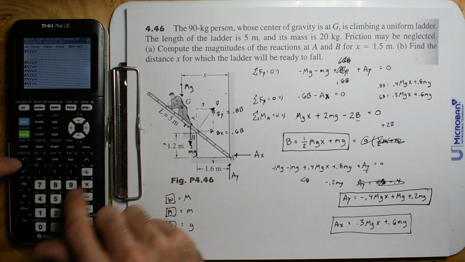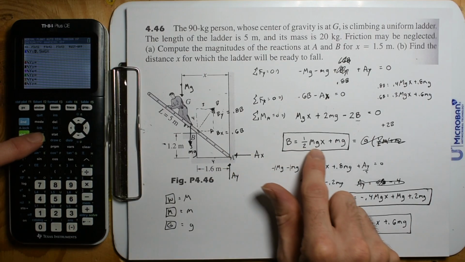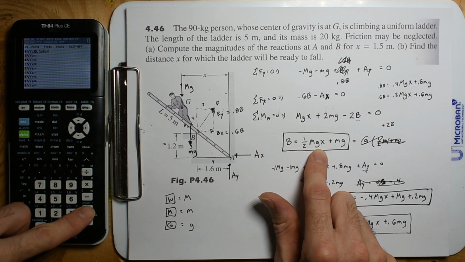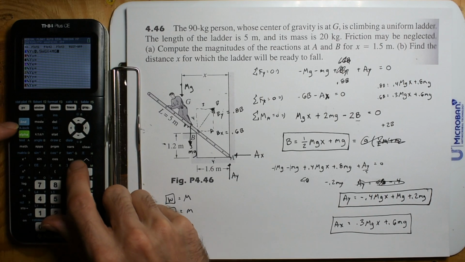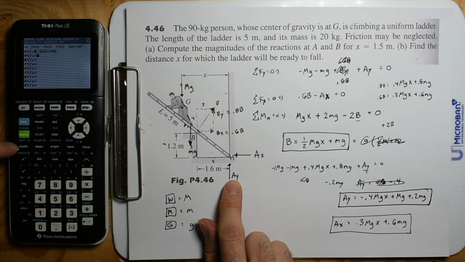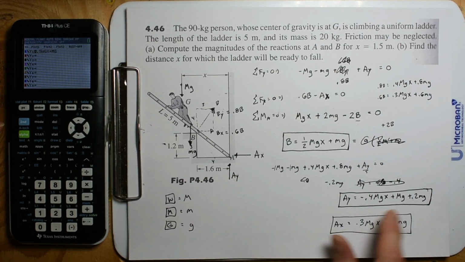Okay, so we're going to do b first: 0.5 alpha w alpha g x plus alpha m alpha g. All right, next one. We're going to have AY, because this is the one that's going to go to 0. This is the one we're going to try to figure out if we did it right.